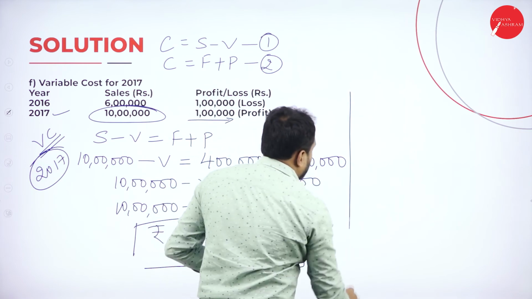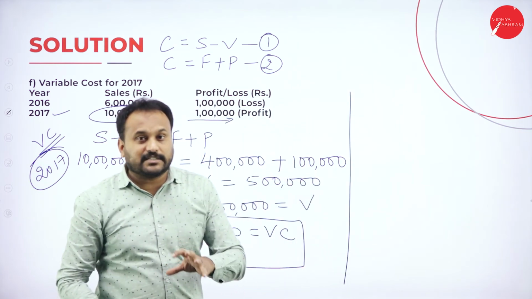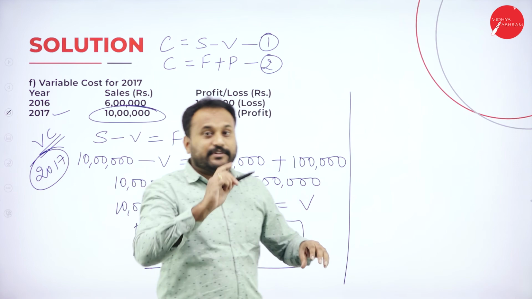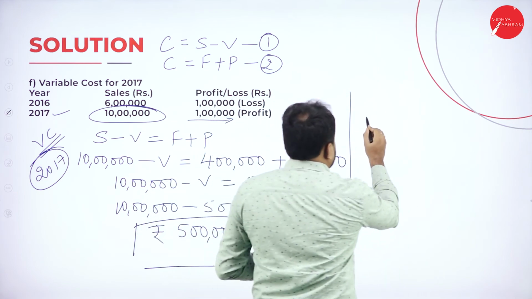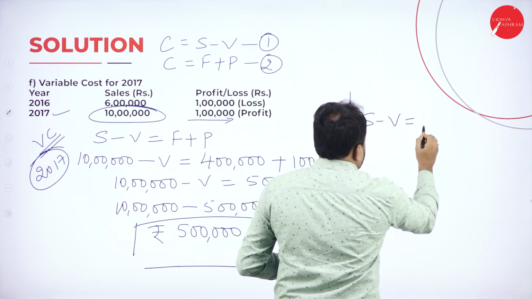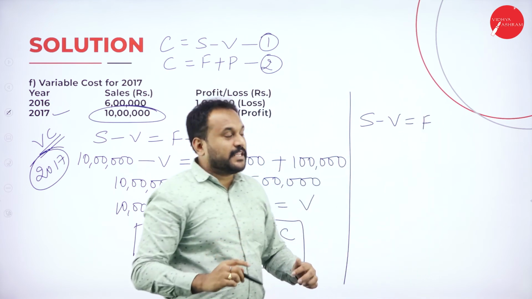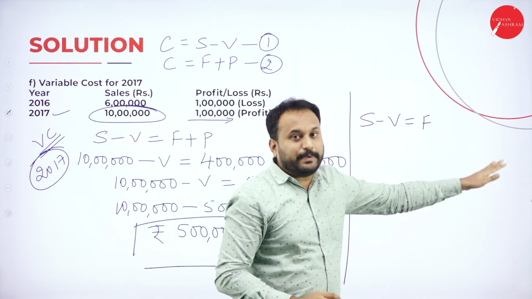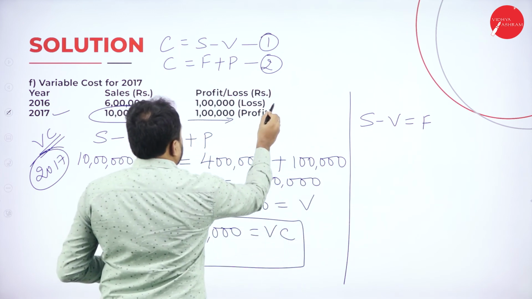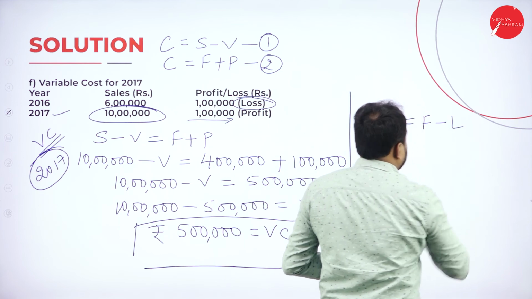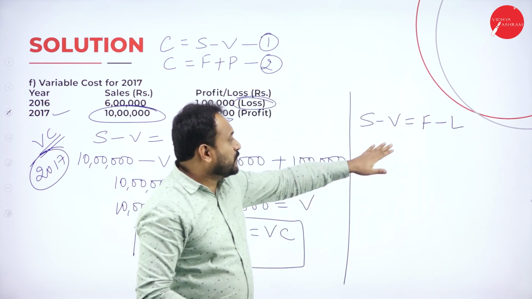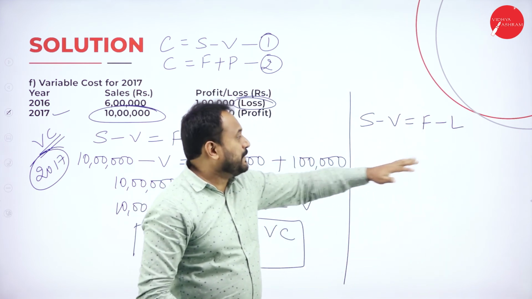Let's go with the variable cost of 2016. Though it is not given in the question, if they give it to you, this is how you are supposed to go about it. Now, again S minus V is equal to F. Now understand, instead of F plus P, we now have a loss. So it is F minus loss. This is the formula you are supposed to apply here.